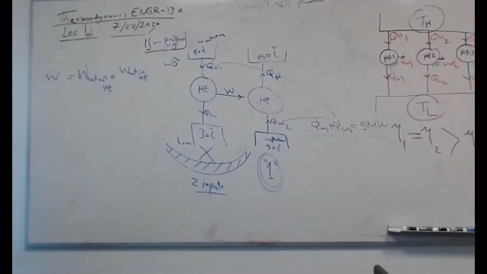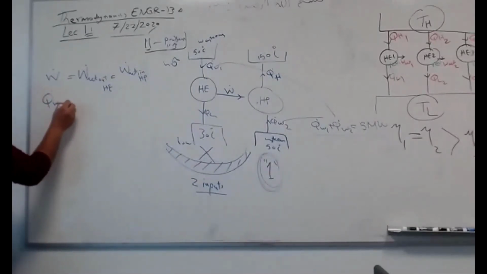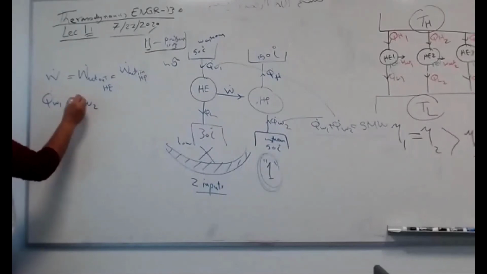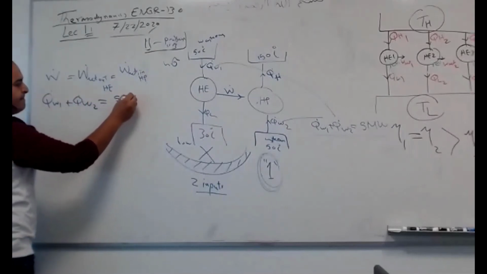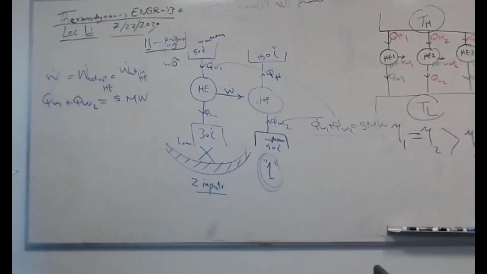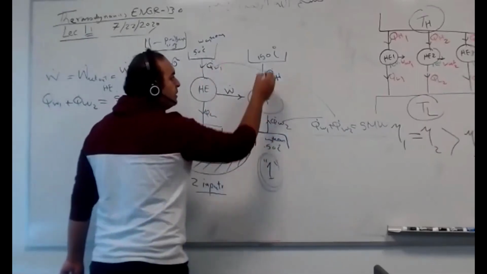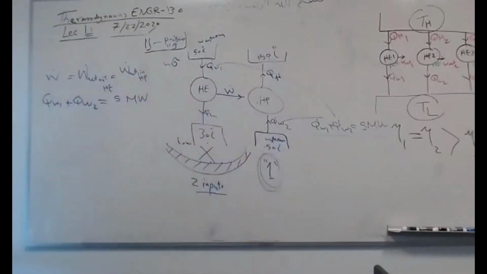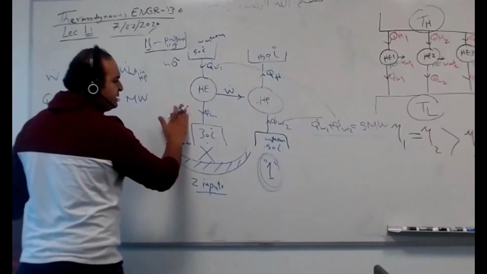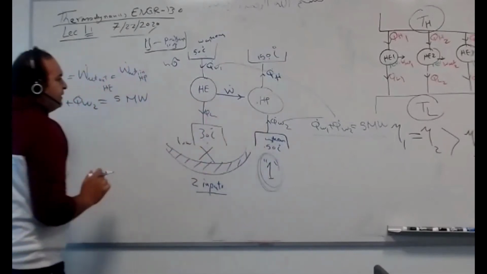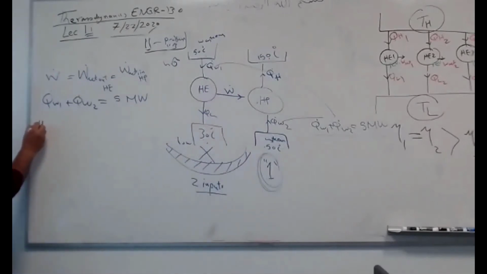That's it. Q dot W1 plus Q dot W2, waste 1 plus waste 2, equal 5 megawatt. Because I have all the temperatures, I can get all the performance, either efficiency here or COP there. Let's start with the first one, the heat engine.